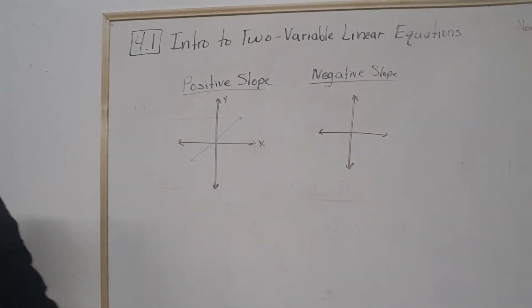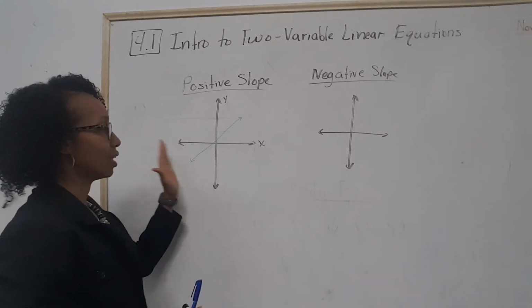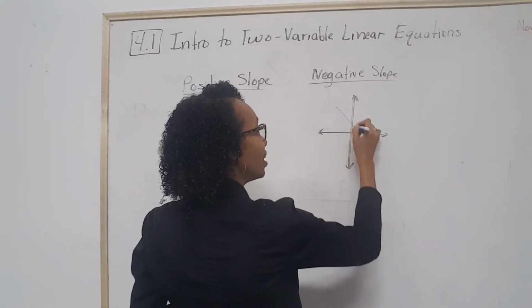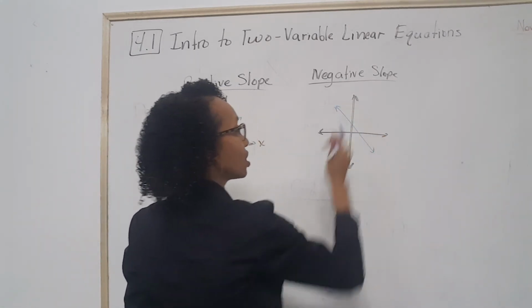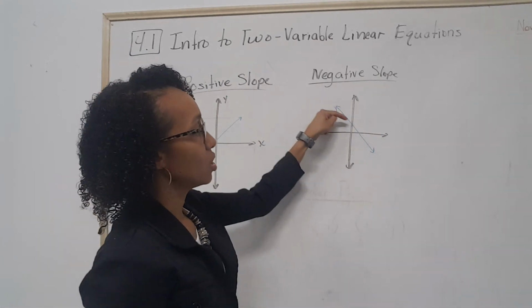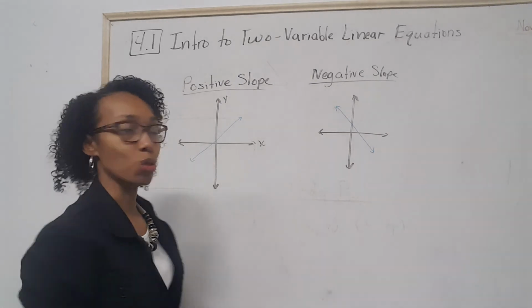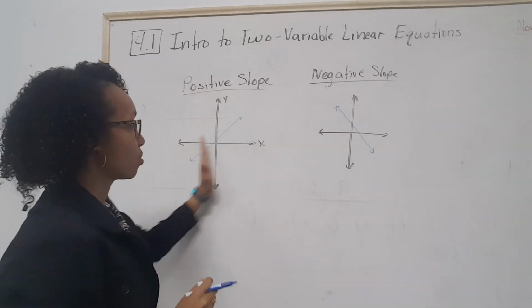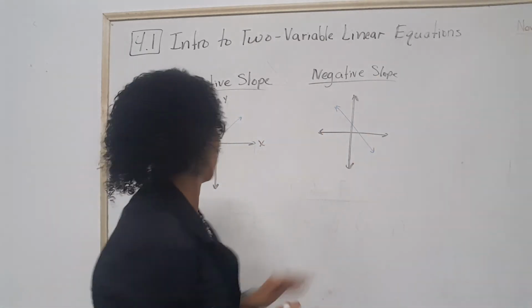As you go from left to right, so I think I said it wrong this way, left to right. Left to right on this one, if it's negative, you'll see that it's going down. So starting from the left, going to the right, it's trending downward. That's a negative slope, okay? So even though they have arrows on both ends, it's left to right. What's happening left to right.